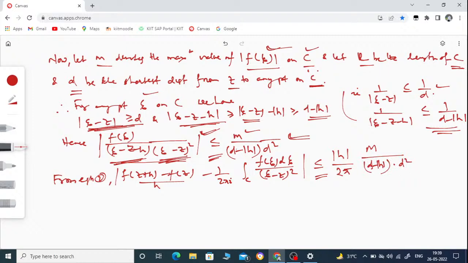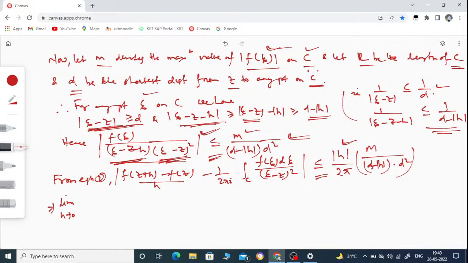Then if I take limit h goes to 0 on both sides, the right hand side will be 0, because there is h into something. So in place of h, if I put 0, then the right hand side will be 0.